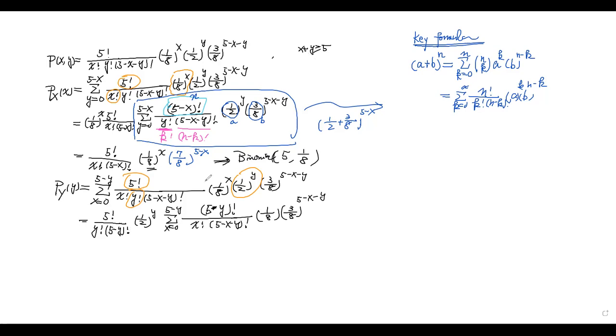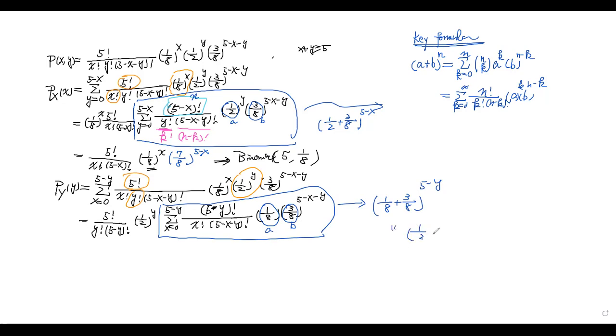Now this is exactly the same. This will be your a, this your b. By using the binomial expansion, it will be 1/8 plus 3/8 to the 5 − y power, which becomes (1/2)^(5 − y).